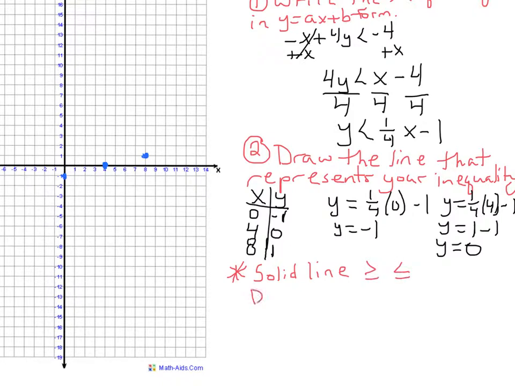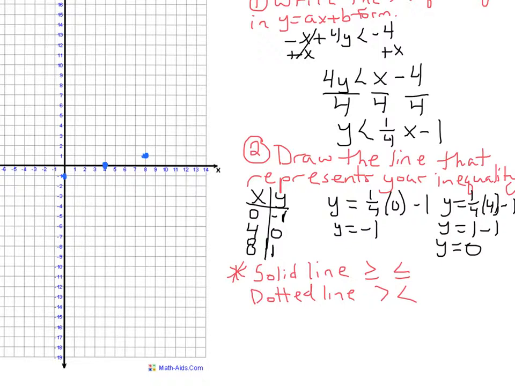It's a dotted line or a broken line when your symbols are this. So the difference is obviously this. Solid line if it's equal to, so if it's less than or equal to or greater than or equal to. It's a dotted line if it's less than or greater than, without the equal to.